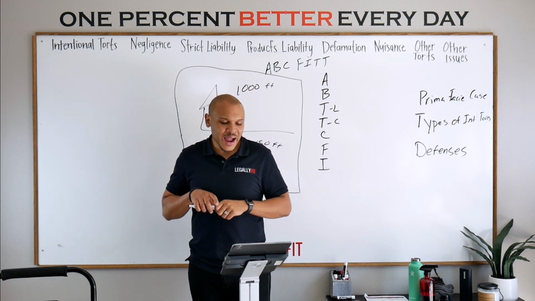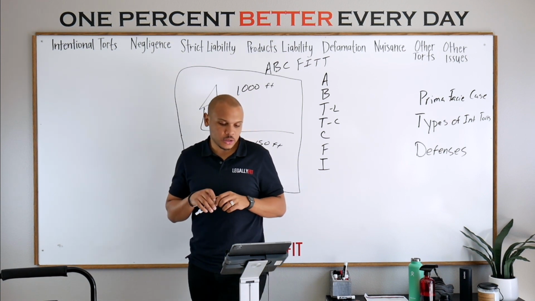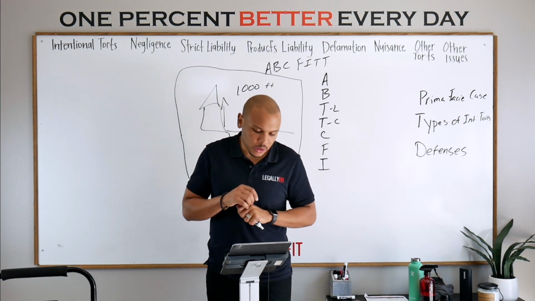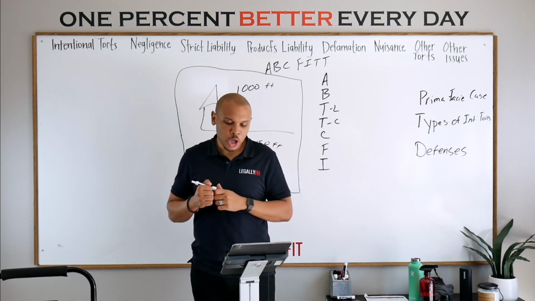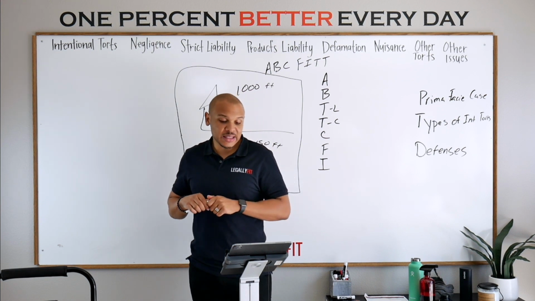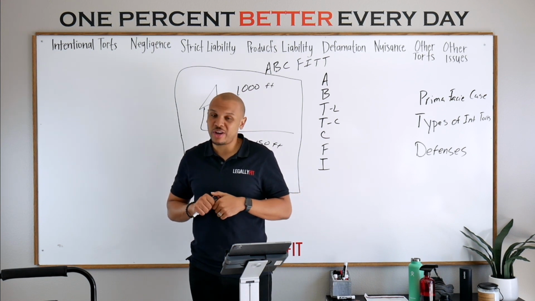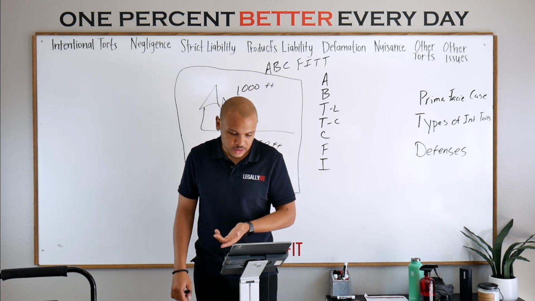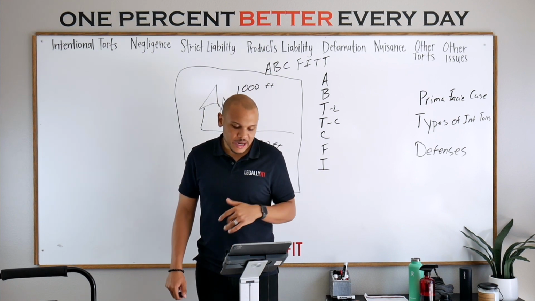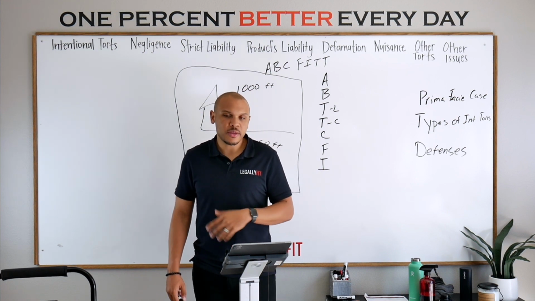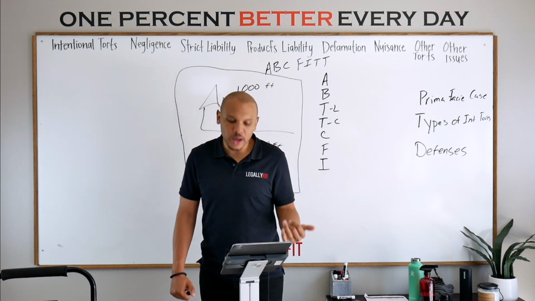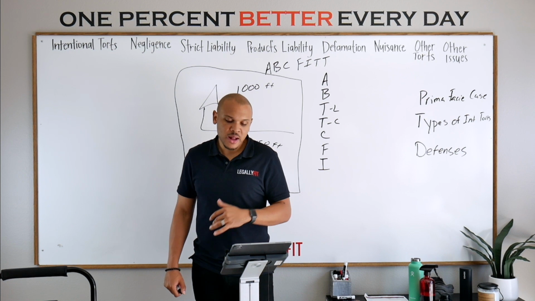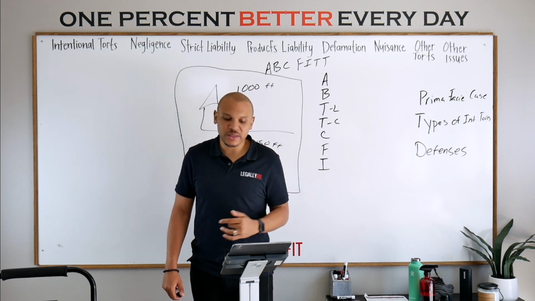And then we have IIED claims by bystanders. A bystander rule right here is triggered when a bystander witnesses D's conduct towards another person and suffered severe emotional distress from witnessing the event. If bystander is a close relative of the victim, then you have a certain set of elements. And then if you're not a close relative of the victim, then the bystander needs to prove a different set of elements.